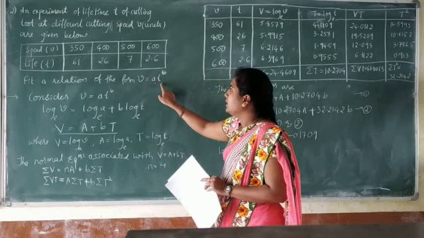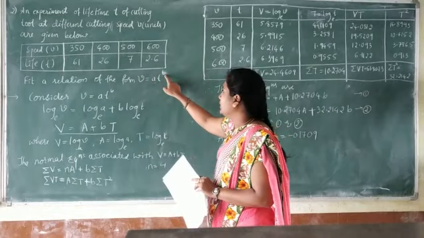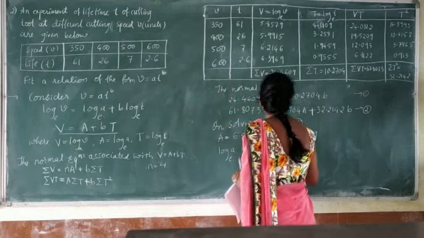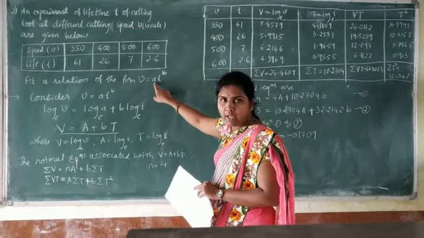in this form. y is equals to a t raised to b. Here it is small b, and we have obtained that one. Next we want small a.